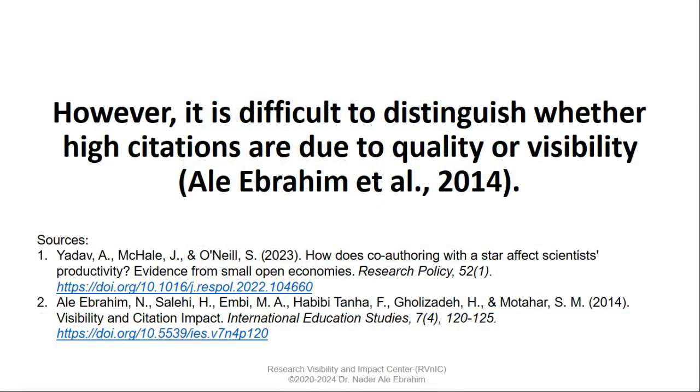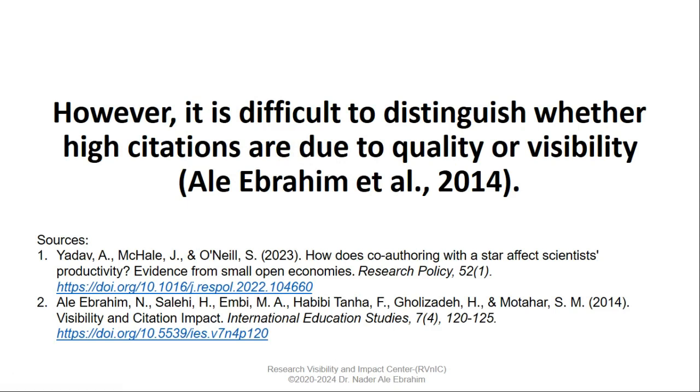And one paper recently published in 2023, very new, mentioned my previous publication. It said that if you receive citation in future, we cannot distinguish whether it is coming from your paper quality or your paper visibility.